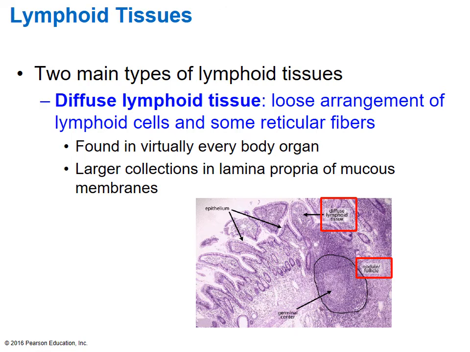Within the tissue types itself, you can have two main distinctions. It all depends on the overall structure. You can have what we like to call diffuse lymphoid tissue, and this is going to be a very loose type of arrangement of cells that are bundled together. And if you want, you can take a look at the illustration right here.